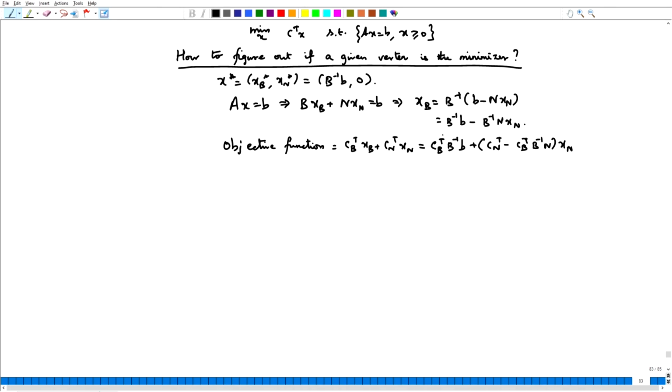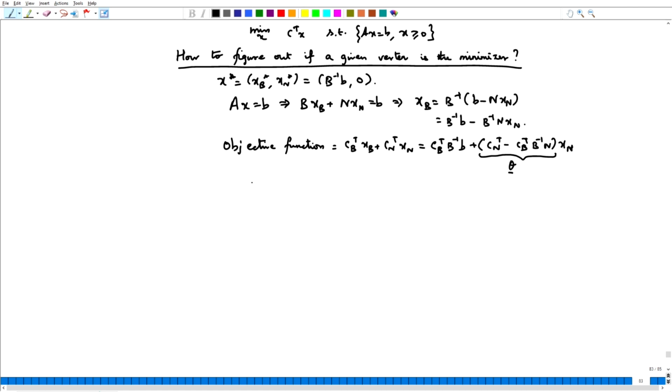So, I have multiplied throughout by cB transpose. So, you have cB transpose B inverse b, you have minus cB transpose B inverse N xn, you also have a plus cN transpose here, right. So, this is the value of the objective function. Note that, suppose I call this vector theta, okay.